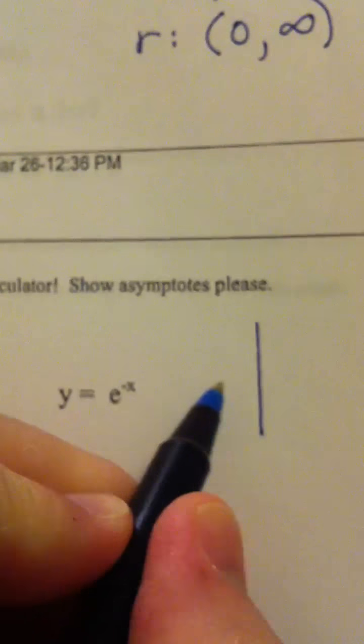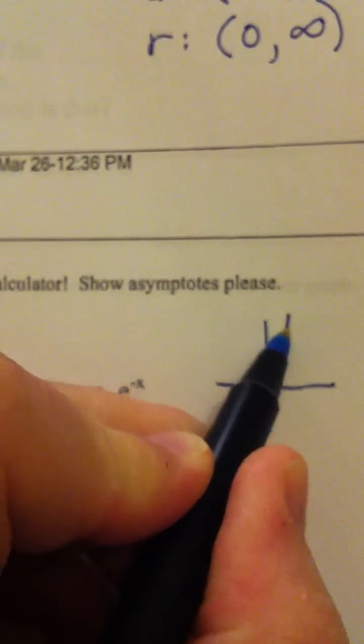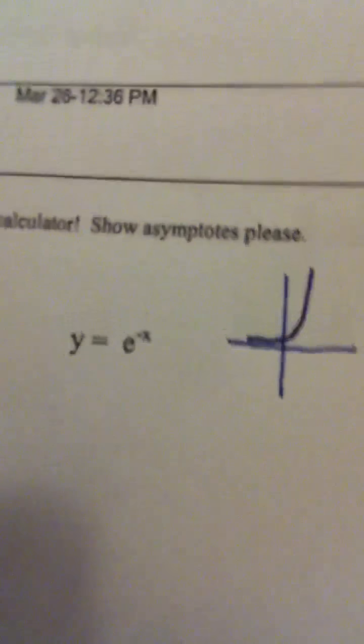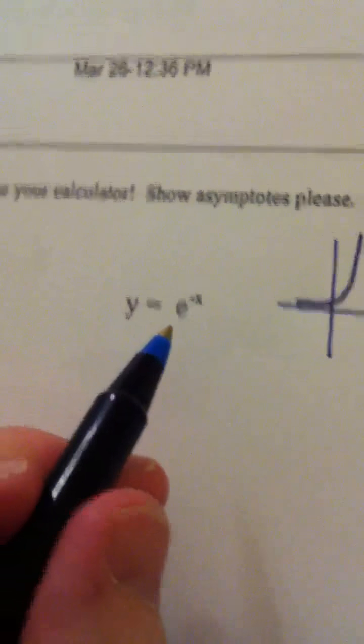So we take our original picture, which looks like this roughly, and I'll put asymptotes on in a minute.